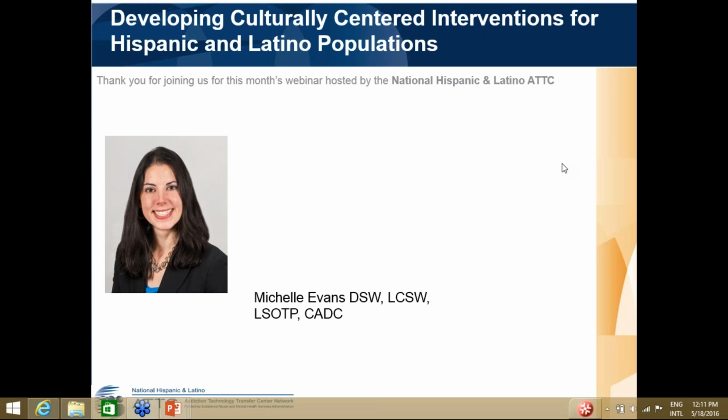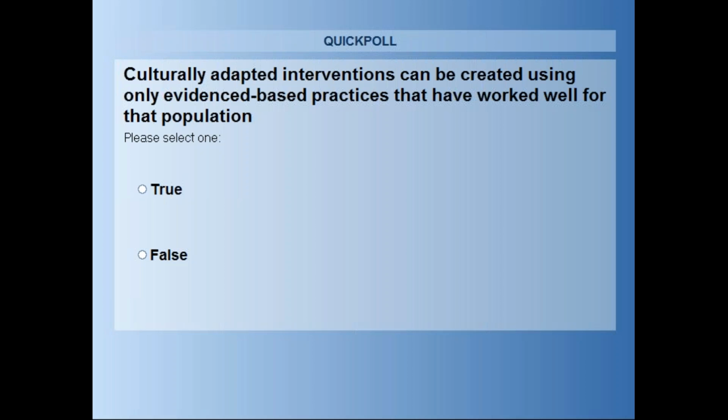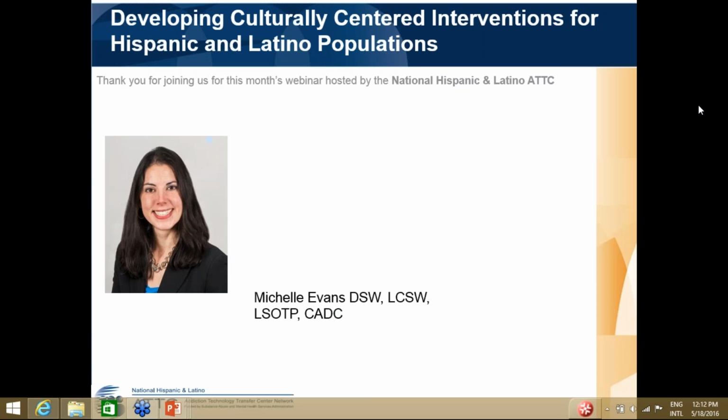Culturally adapted interventions can be created using only evidence-based practices that have worked well for that population. Okay, and 47% say true and 51% say false.